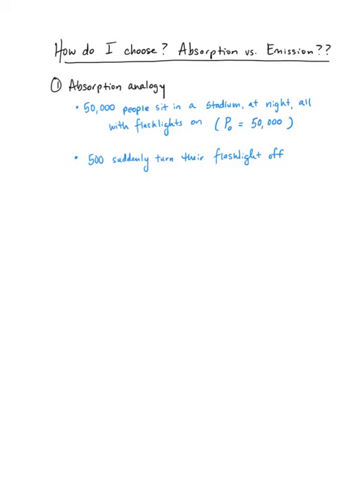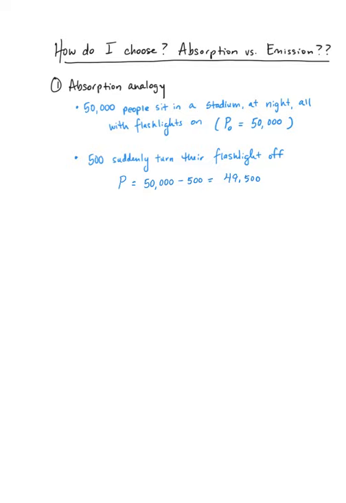Suddenly and simultaneously, 500 people in the audience turn their flashlight off. Compared to the original power, the new power, just P, is effectively 50,000 minus 500, or 49,500.